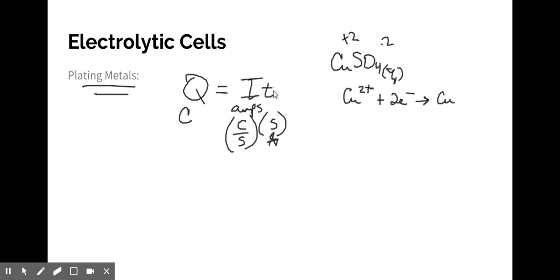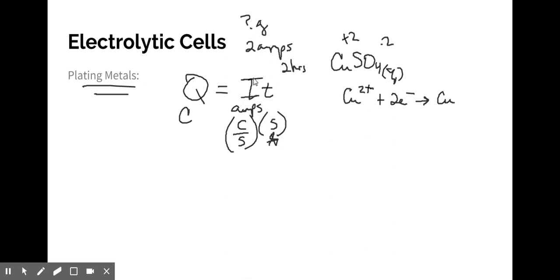So let me give you some information. Let's say we have 2 amps and we have 2 hours, and we want to figure out what mass of the copper is being plated. So we're looking for grams. This is how I do my approach.